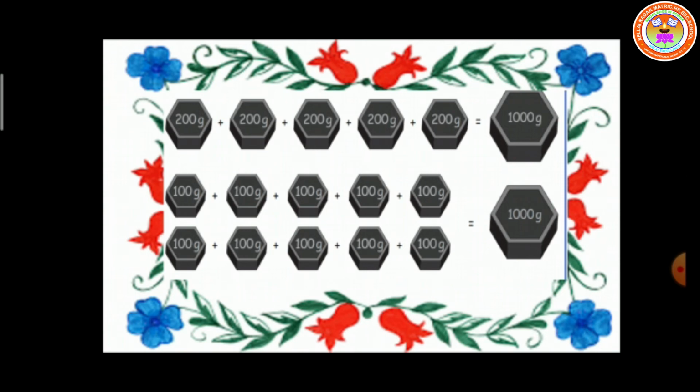Or if you take a 100 gram stone, and keep 10 of them, it will make 1 kilogram, that is 1000 gram. So the standard formula is 1 kilogram is equal to 1000 grams. Students, repeat again, 1 kilogram is equal to 1000 grams.